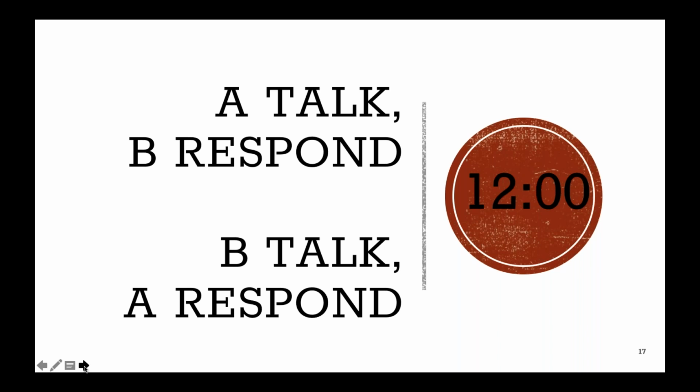B might add additional information, or B might paraphrase or summarize what A said. So in the B response, you are welcome to make that more detailed and provide a specific prompt to B. Then they'd read a next section of the text, and B will talk, and A will respond.